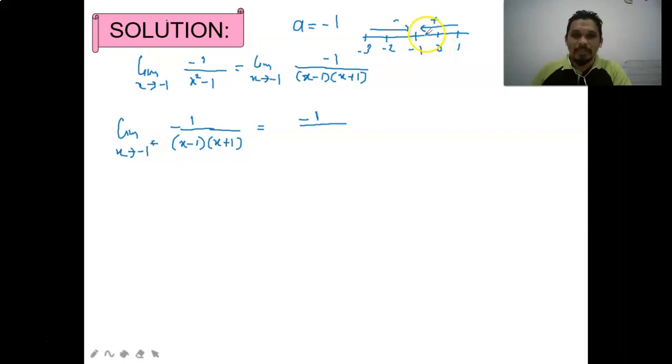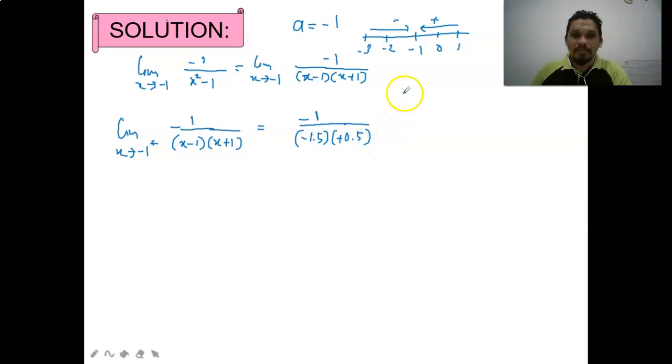Let's say I choose negative 0.5, x approaching negative 1 from the right side. Negative 0.5 minus 1 equals negative 1.5. And when x is negative 0.5, plus 1 gives you positive 0.5.